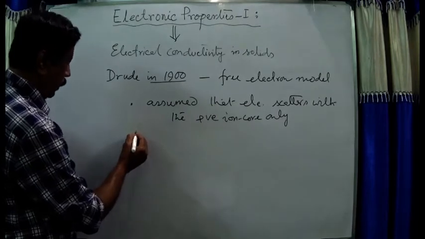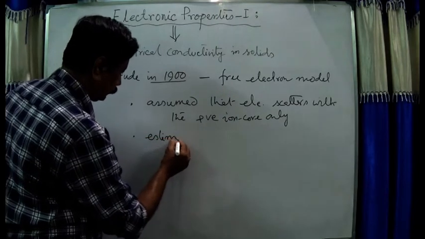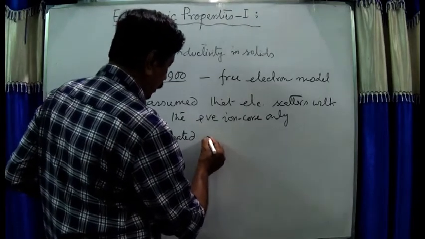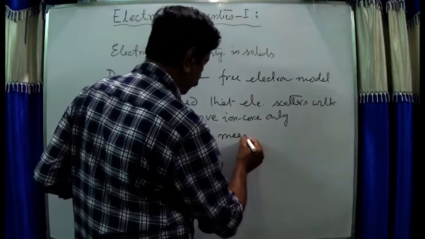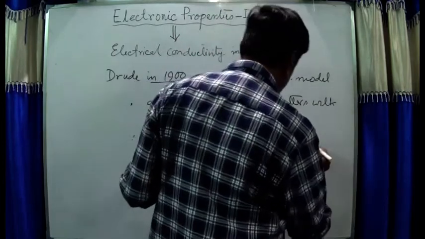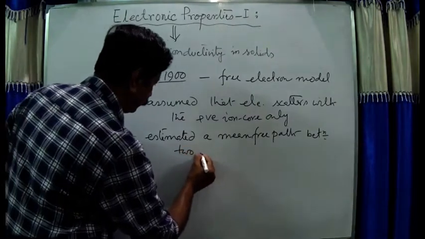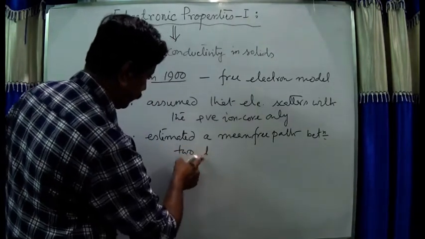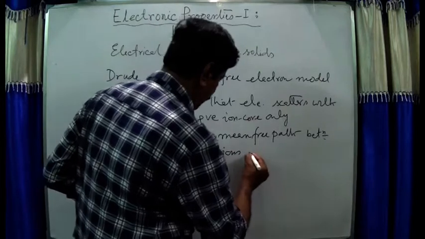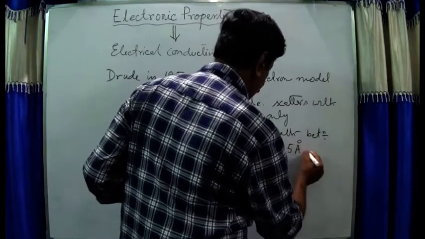And with this assumption, he estimated a mean free path between two collisions of the order of 1 to 5 angstrom. Okay?